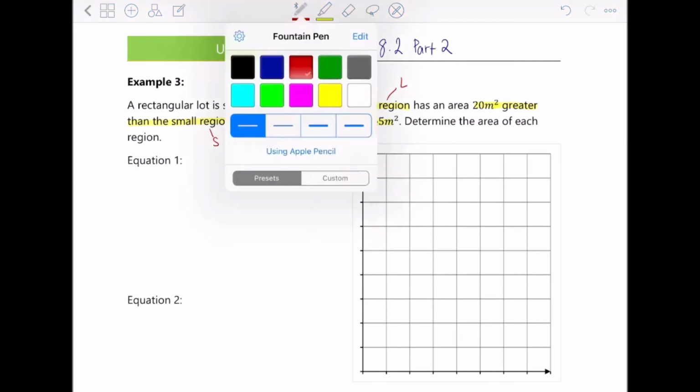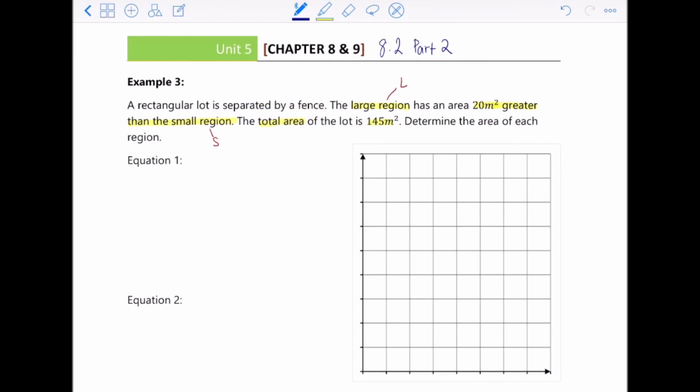Let's start by stating our variables before we set up two equations. So L stands for larger region, S for smaller region.